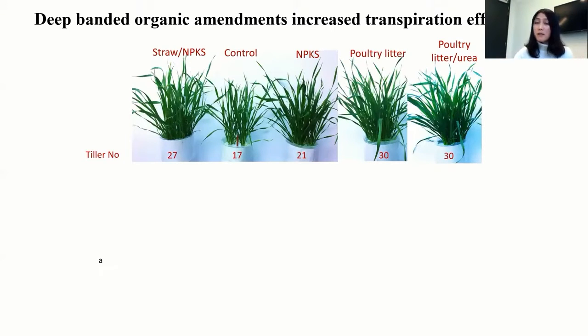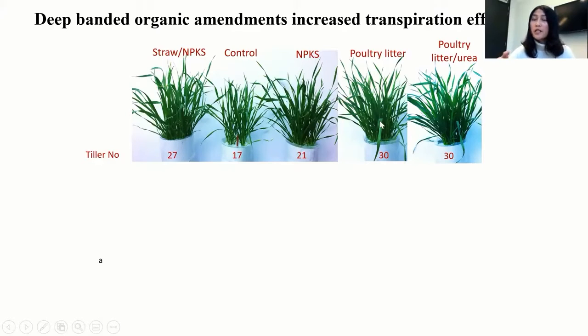We have 5 amendment treatments, including a control with no amendments, and we also have an inorganic fertilizer control. This will be compared with the other 3 organic amendment treatments. The straw will be mixed with inorganic fertilizer in liquid form at the same rates as the NPK treatment.